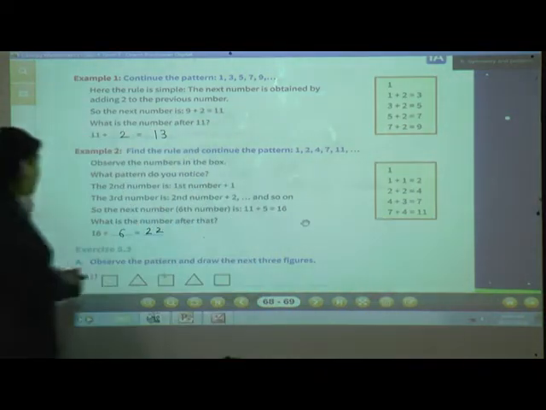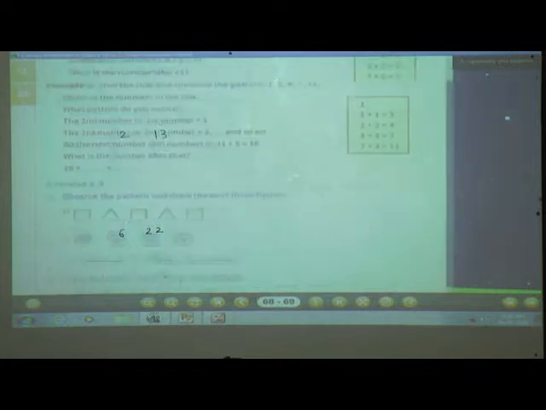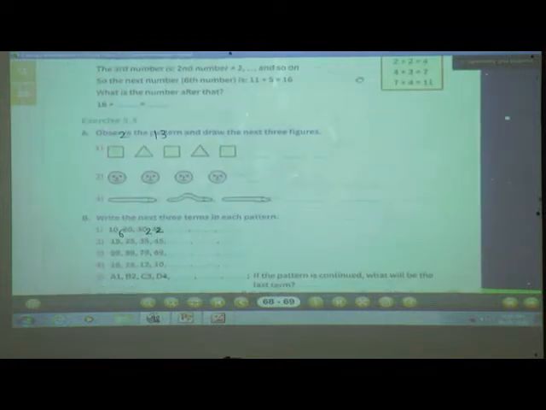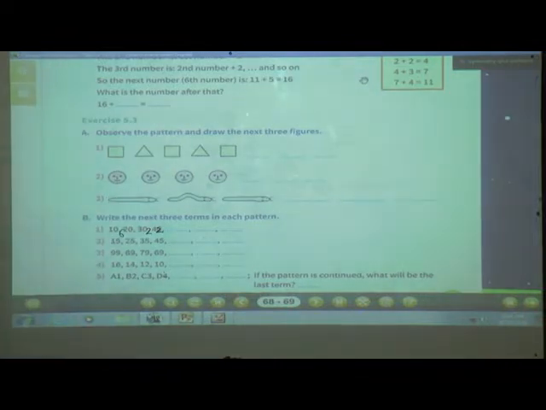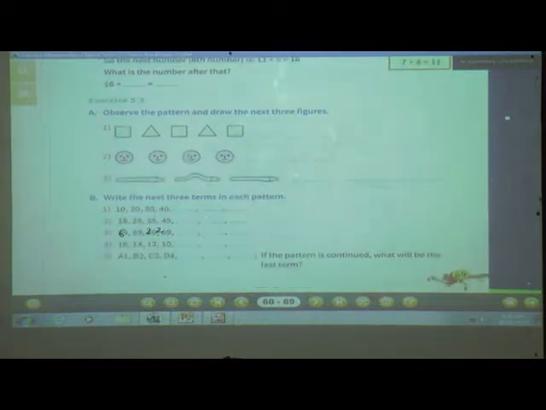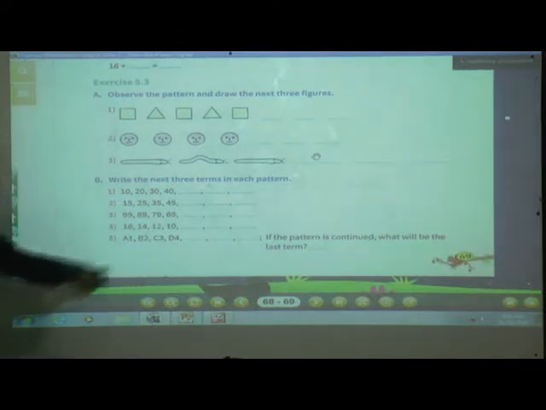Now we will solve the exercise 5.3 depending upon that. Observe the pattern and draw the next 3 figures. Just observe this pattern carefully and you will understand what the answer is.